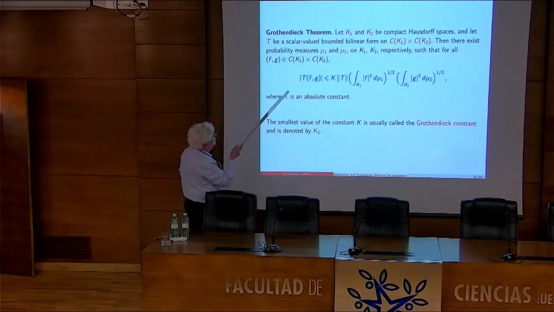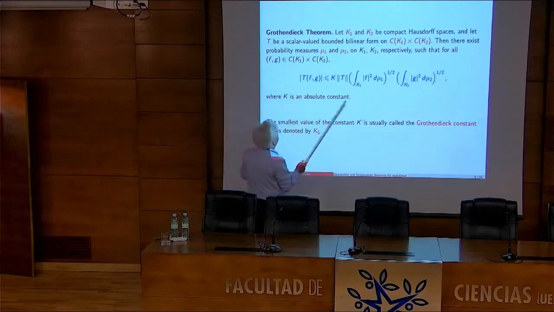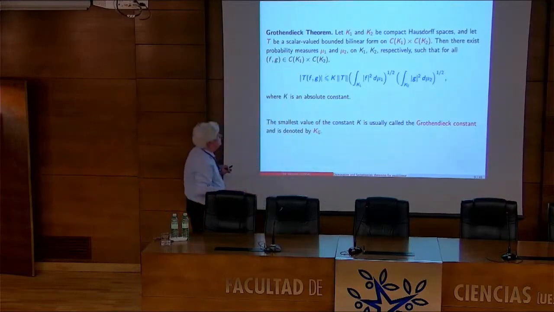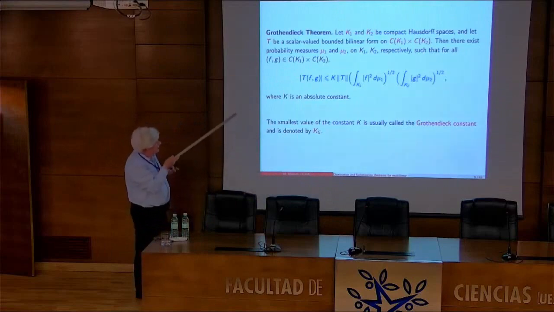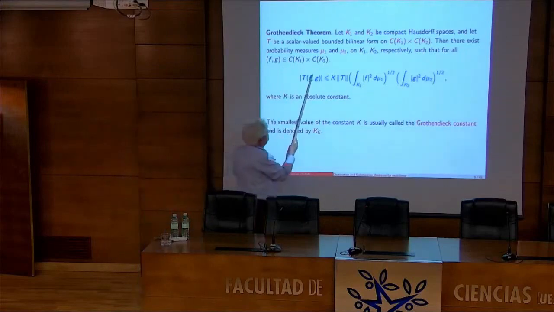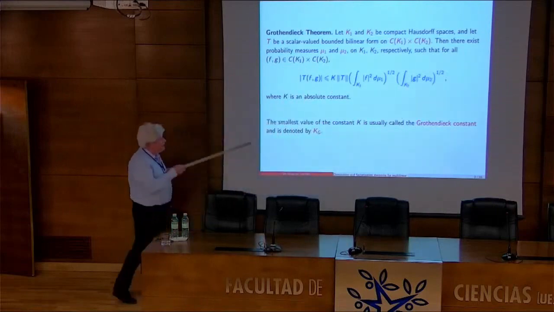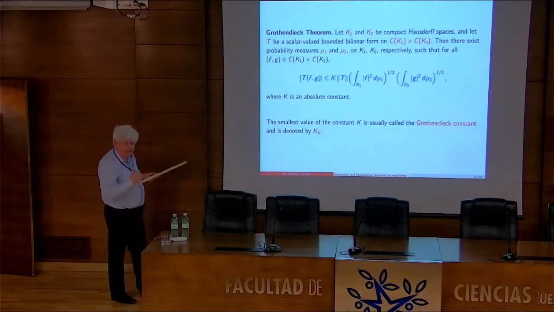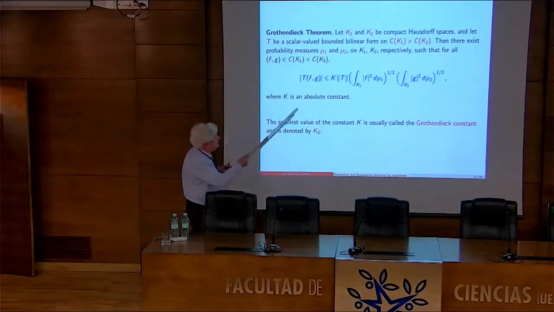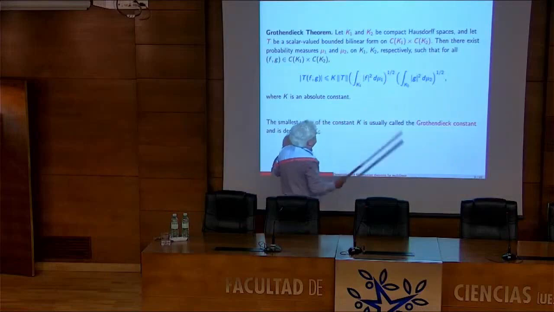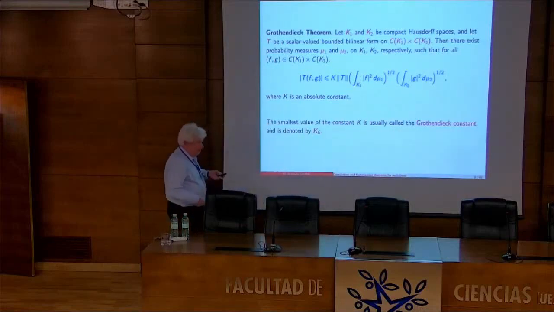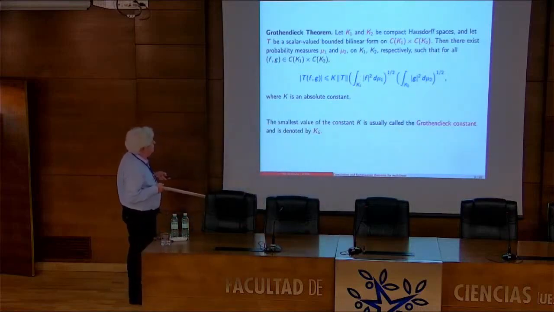Whenever we have two compact Hausdorff spaces and a bilinear form on the product of C(K) spaces, then there are probability measures on K_1 and K_2 respectively, for which we have the following estimation for this bilinear form via Hilbert norms. So C(K) spaces are of course embedded in L_2, but this allows us to show more.